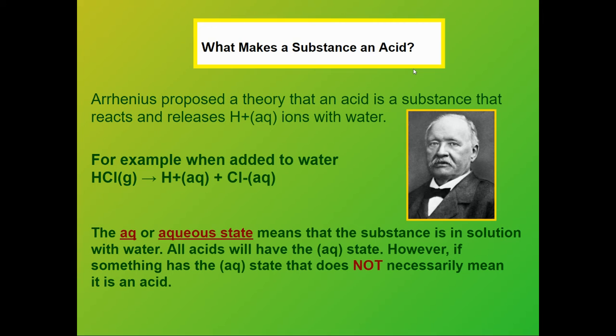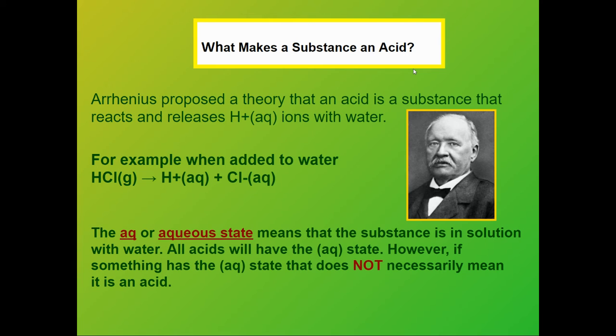So what we use is this new type of state called AQ, or aqueous. It essentially means that a substance is in a solution with water. That's all it means. Aqueous is in water.